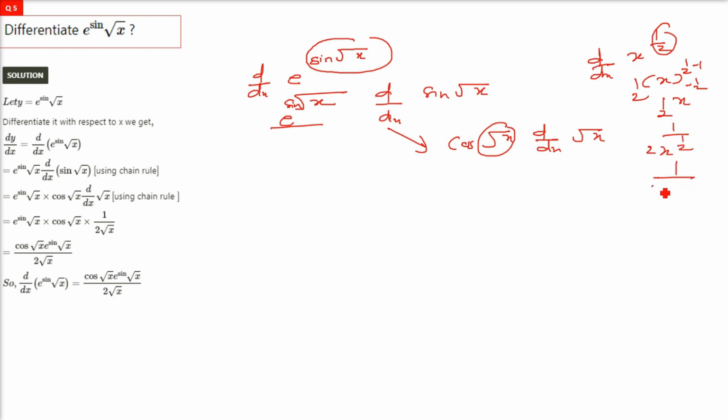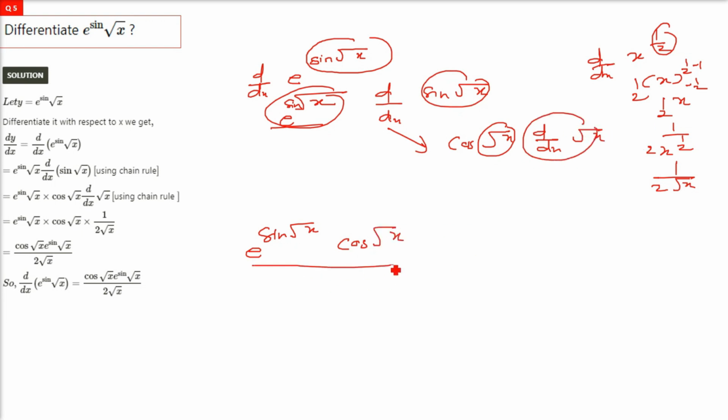So 1 by 2 root of x, that is how it has come. So finally, you have to combine all these results. First was e to the power sine root x, then cos root x, then 1 by 2 root x. So this whole is the result of this differentiation.